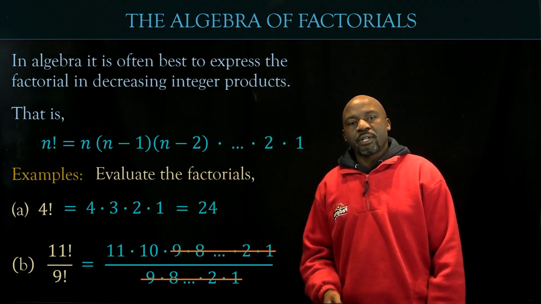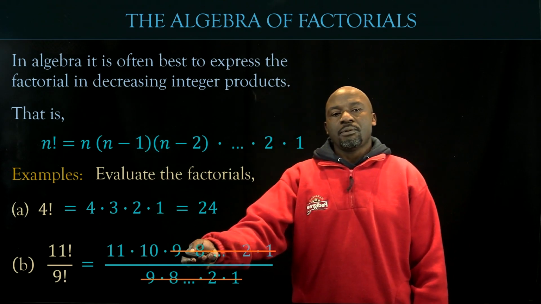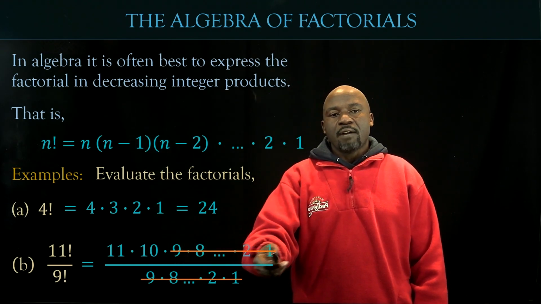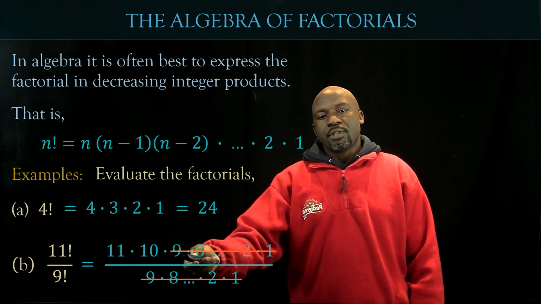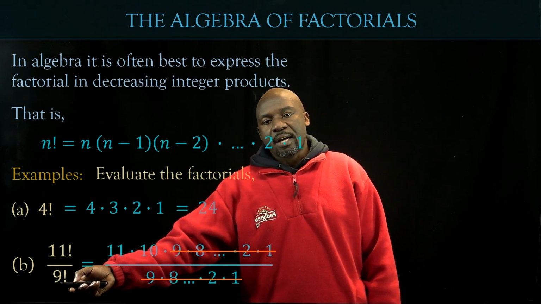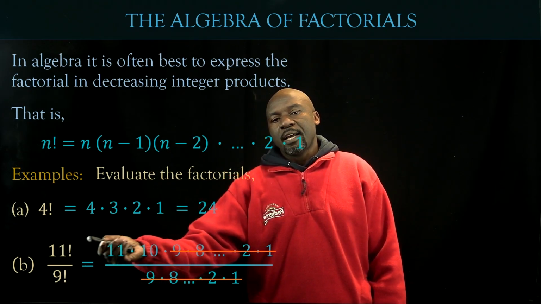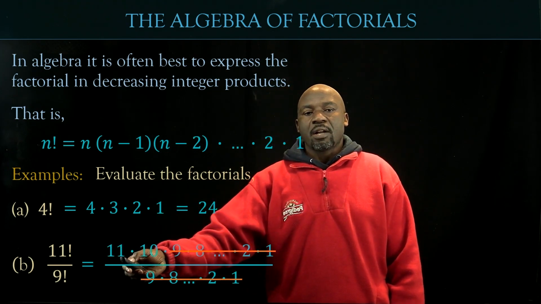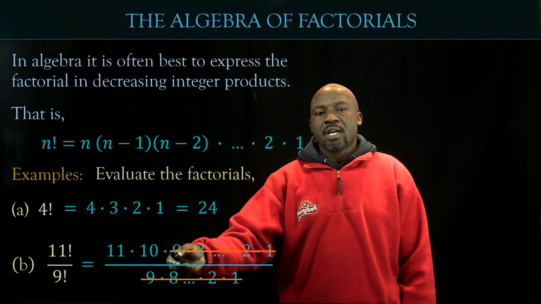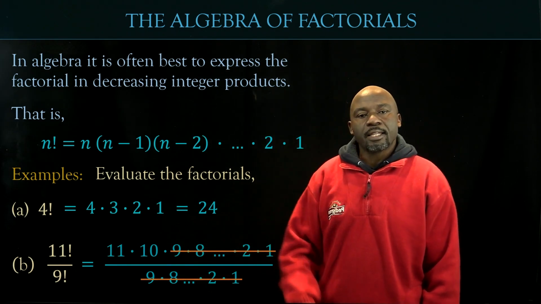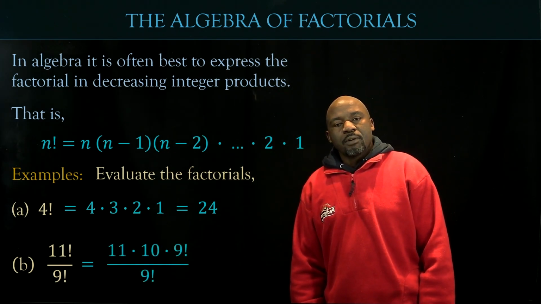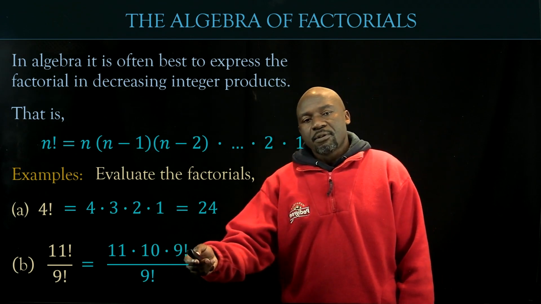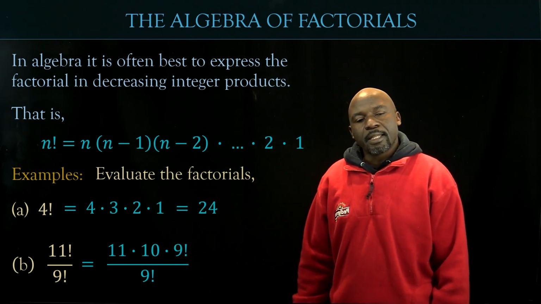Okay, a better way of looking at this, I don't even have to expand the whole thing like I've done here. So in fact, all I have to see is that I have 9 factorial down there. So as I split up 11 factorial, I can go all the way just up to 9, and I stop there like this. All right, so I could write it that way. That way I don't have to write all the way up to 1 like that.